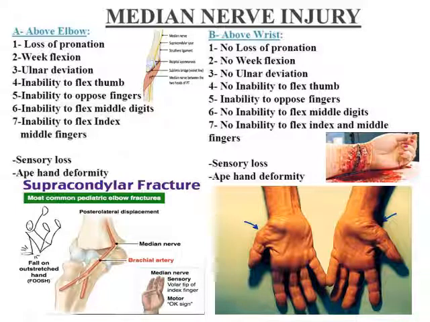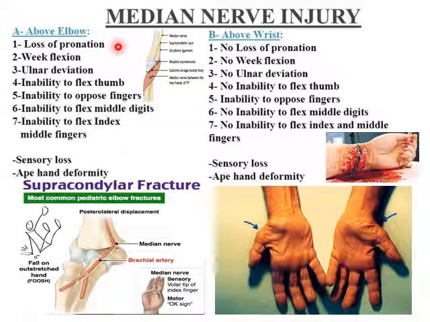So if we look at what happens to the median nerve injury above the wrist and above the elbow. When the injury is above the elbow, as we have seen before, the median nerve is injured before it is giving its divisions to all the flexors, both superficial and deep, of the forearm, and the thenar muscles are also affected.